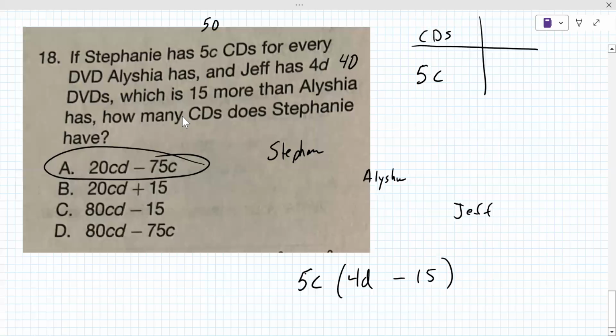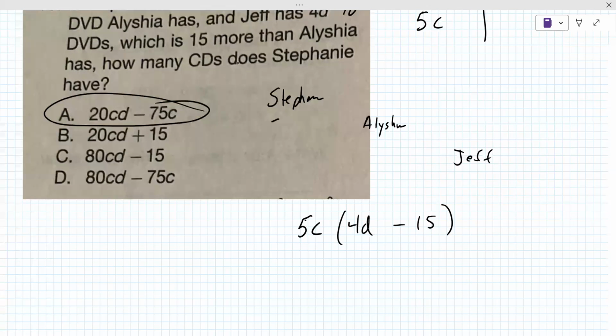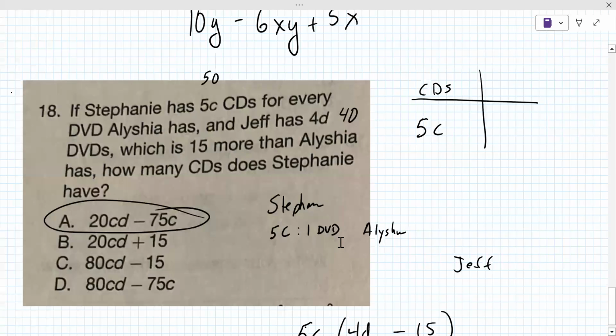Buried in here is that Stephanie has 5 CDs for every 1 DVD that Alicia has. So if we knew how many DVDs Alicia has, we could answer this question because we would multiply it by 5C. We know that Jeff has 4D DVDs, which is 15 more than Alicia has.